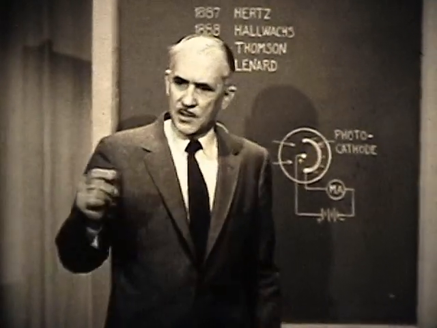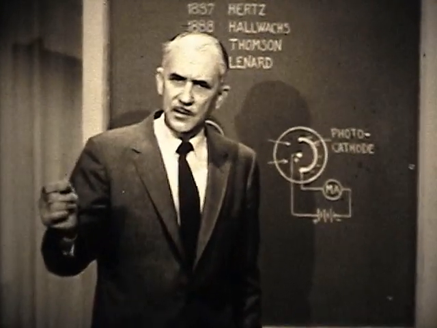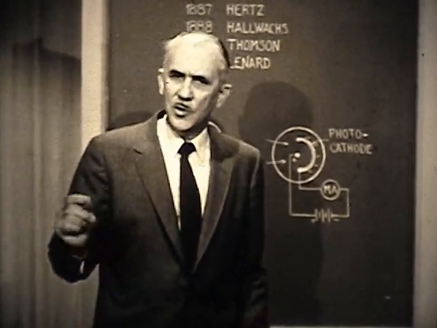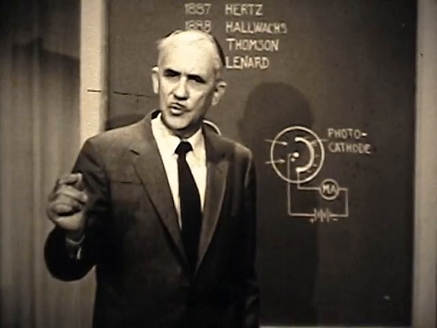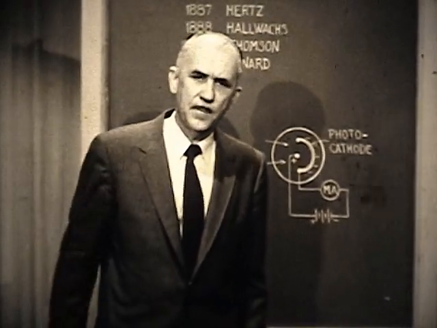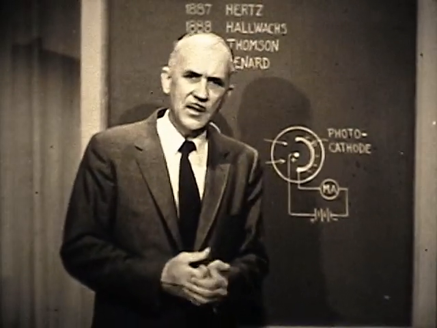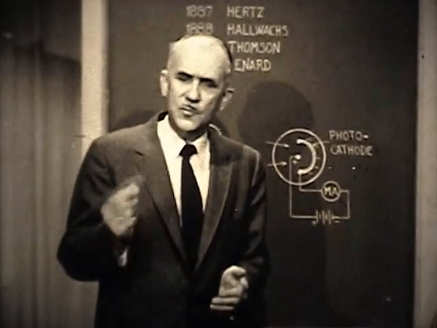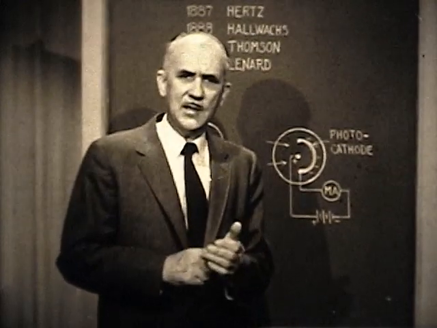But since we've seen here that ultraviolet light shows the phenomenon or kicks off electrons, how can we produce the same phenomenon with visible light? Well, it's found that most of the elements and most metals emit electrons, photoelectrons, only with ultraviolet light.